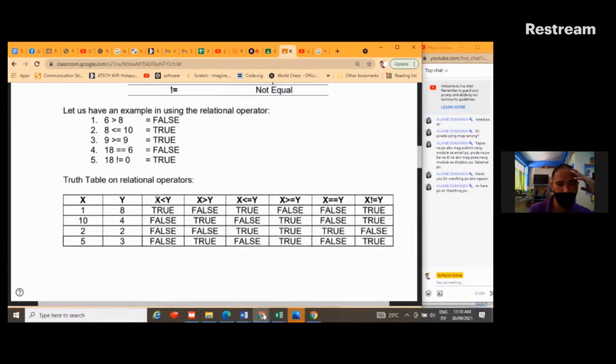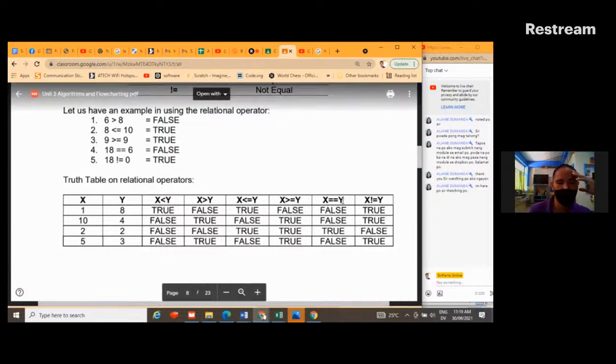So for X you substitute 1. 1 is less than Y, 1 is less than 8, so that is true. 1 is greater than 8, that is false. 1 is less than or equal to 8, that's true. 1 is greater than or equal to Y, that's false.